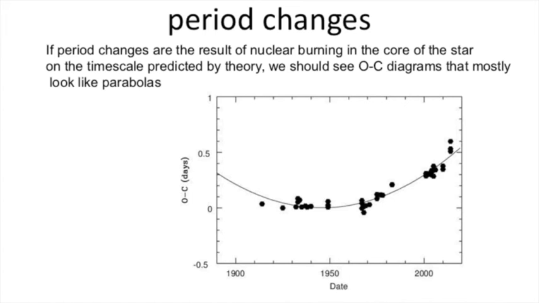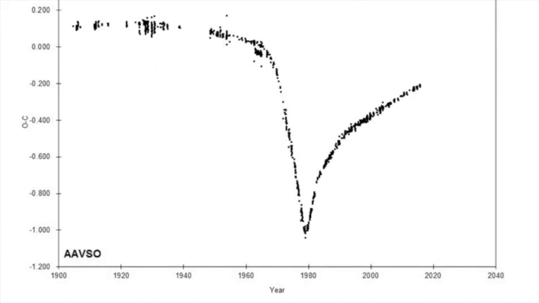Now let's look at an RR Lyrae star. This is a diagram from Jerry of XZ Cygni, long a favorite of AAVSO observers, period a little bit less than half a day, and there is the observed O minus C diagram.